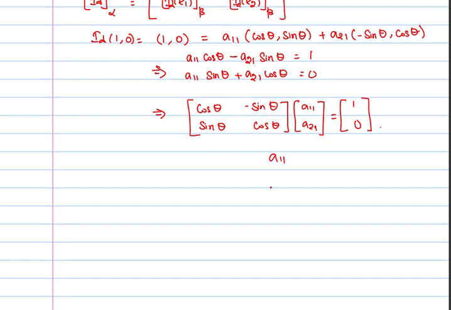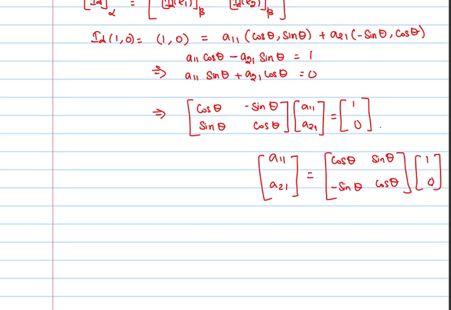So A11, A21 equal to, multiplying the transpose on both sides, the transpose cos theta, sin theta, minus sin theta, cos theta, multiplied by 1, 0. So you will get A11 equal to cos theta, A21 equal to minus sin theta.